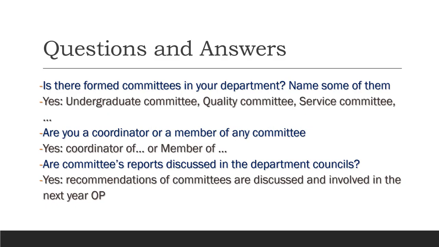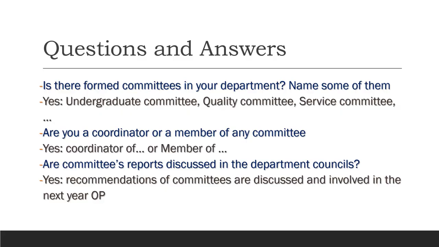Name some of them. If you have a system in your program and you have committees and you are working in the program as a team, you have to know your committees because they work together and integrate with each other. So you have to name them. We have, for example, the undergraduate committee responsible for students and registration.